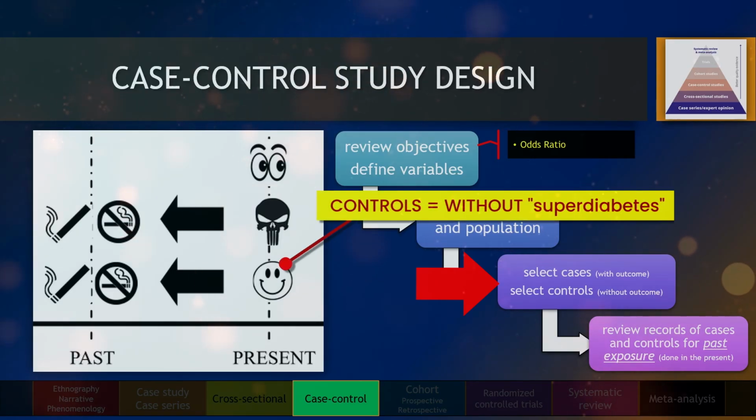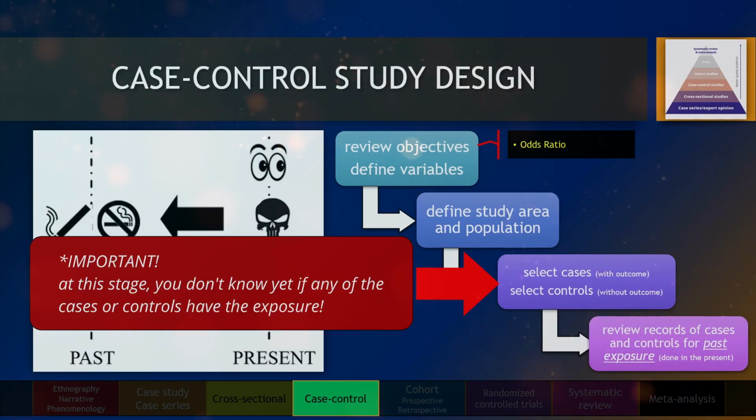Controls are defined as respondents without the outcome of interest. You usually recruit controls with some sort of case matching, meaning the characteristics of your controls generally are the same as the characteristics of your cases, except for the presence or absence of the outcome. At this stage, you still don't know whether your cases or controls have the exposure.